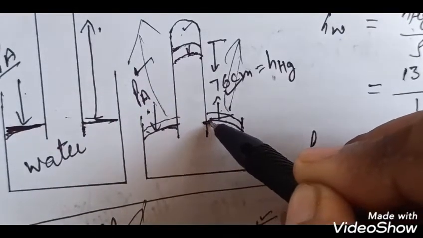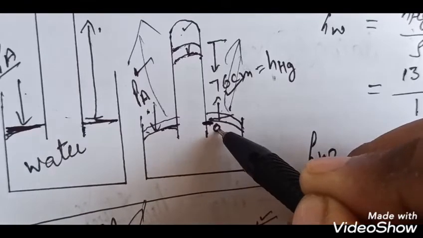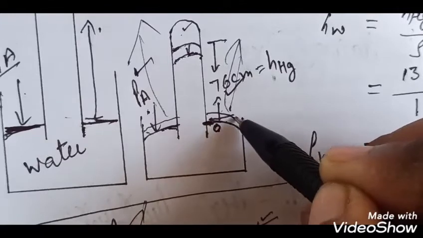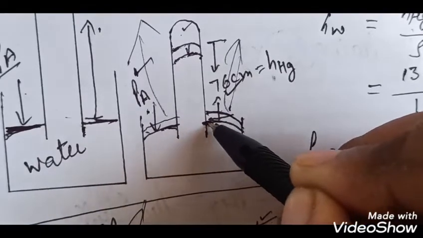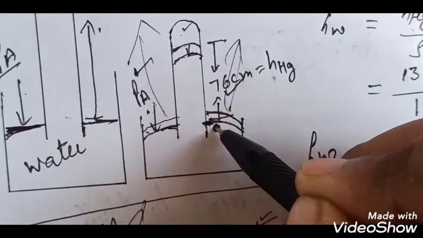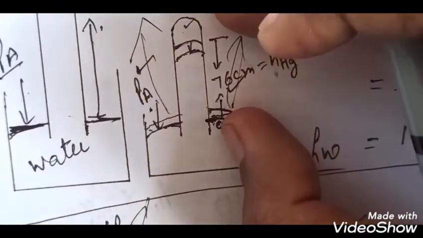Earlier the zero on the barometric tube is here, and the level of mercury is also here, but now the level of mercury is here, but zero is still at the same place. So what do you have to do to match this zero and the level of mercury? Because if you are not matching, you will not get the correct vertical height.